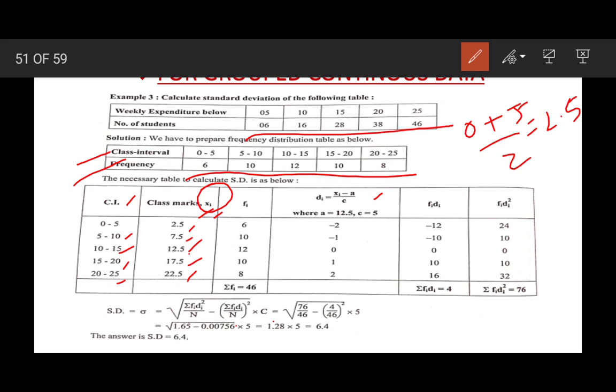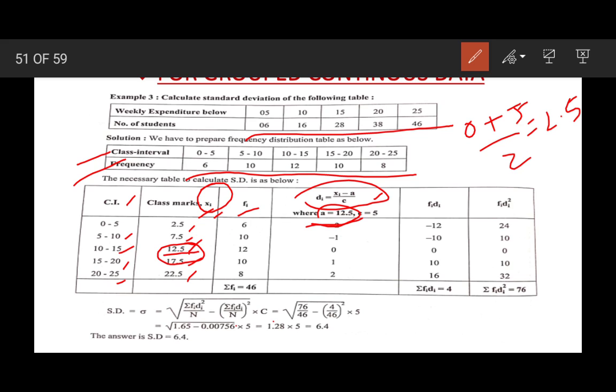So x value is given, frequency is given. Okay, so now I am reducing these x values. How am I going to reduce this x value? For that I am using this formula: x minus a, where a is some middle value of x. So some middle value of x I am selecting as 12.5.